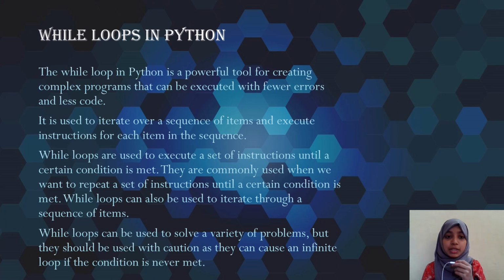Therefore, the while loop in Python is a powerful tool for creating complex programs that can be executed with fewer errors and less code. It is used to iterate over a sequence of items and execute instructions for each item in the sequence. While loops are used to execute a set of instructions until a certain condition is met. They are commonly used when we want to repeat a set of instructions until a certain condition is met.